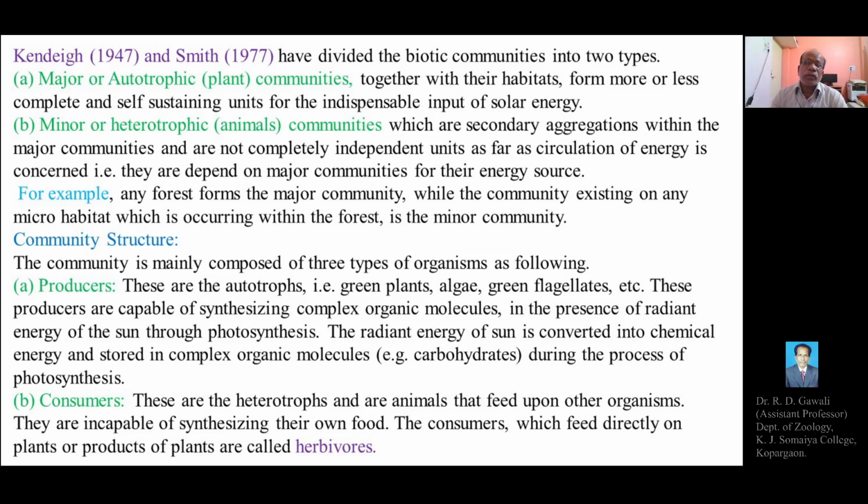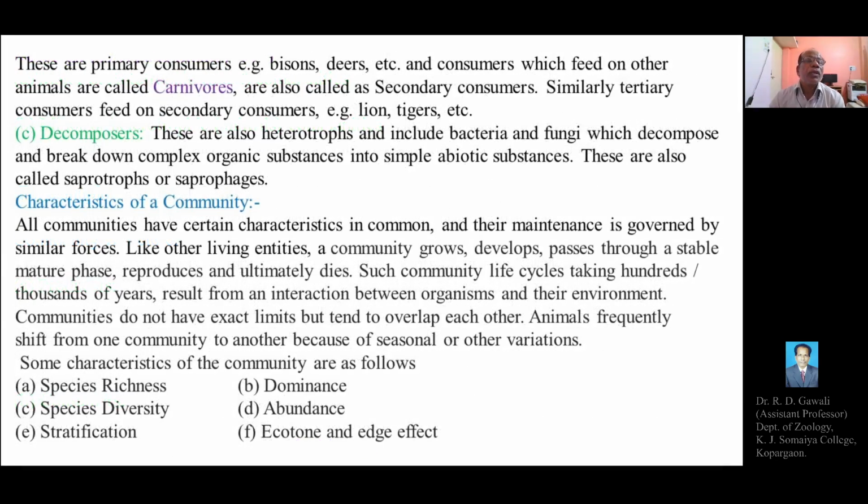So consumers which are feeding upon the plants or plant products are called as herbivores. And these are primary consumers. So herbivores are called as the primary consumers, for example, bisons, deers, etc.